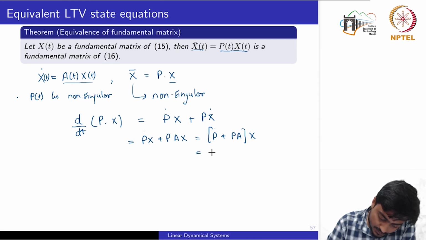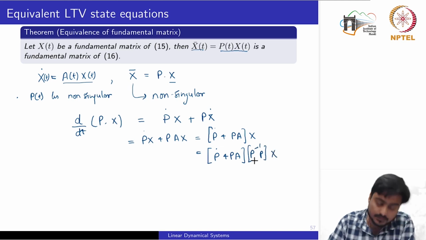Again introducing the inverse, the multiplication of the P inverse and P, which is given by P inverse P x, which supposedly should be the identity matrix.